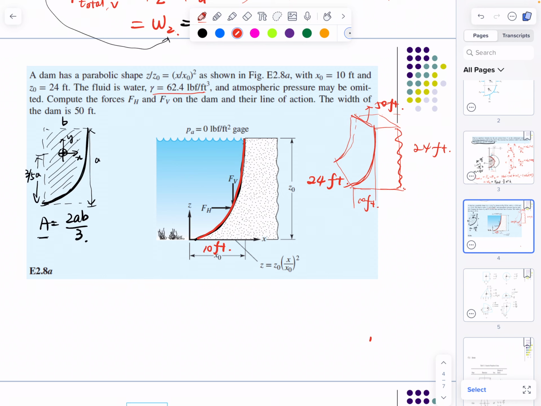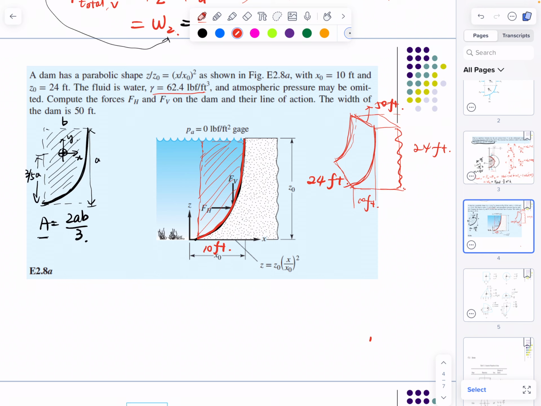So first, let's calculate the vertical force. Vertically will be easy. As usual we need to connect one end of it to the top of the surface, and this should be the structure we need for the free body diagram, right?